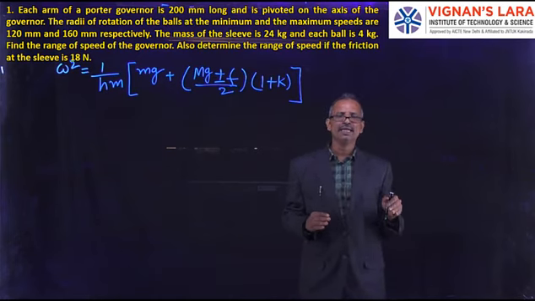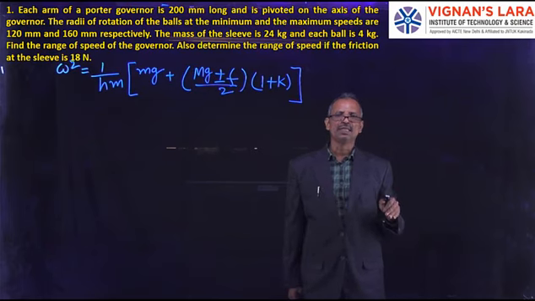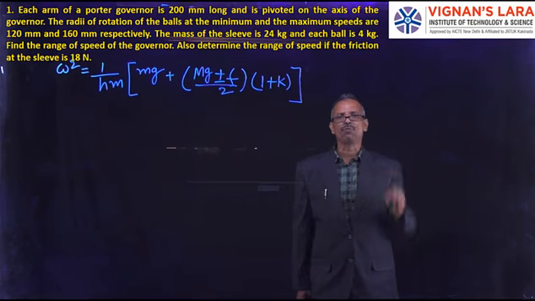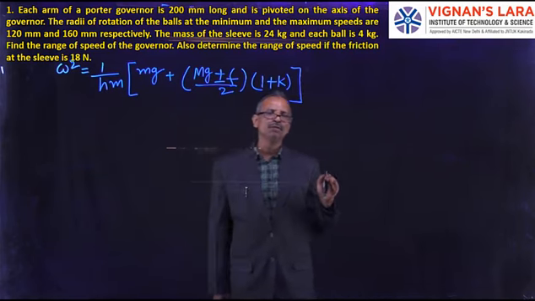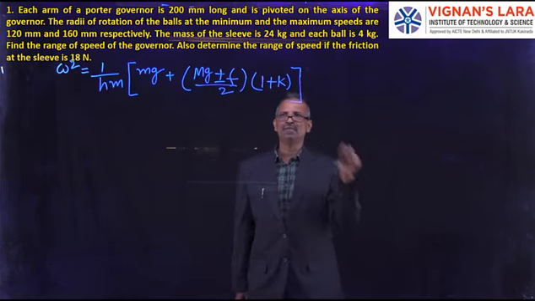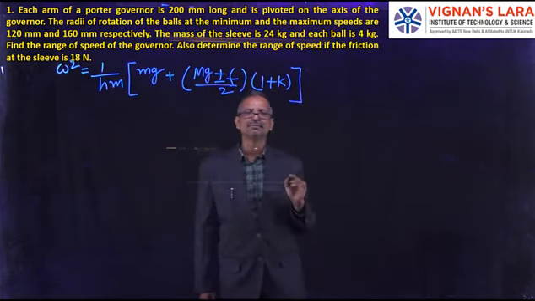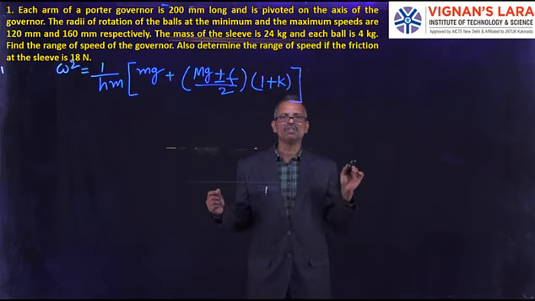So in that case, against the sleeve movement, the friction will be there. That is, friction will be in the upward direction. So when there is a friction in the upward direction, which is opposite to the self-weight direction, in that case we take this minus. Whereas if the balls are moving up, the sleeve is moving up.